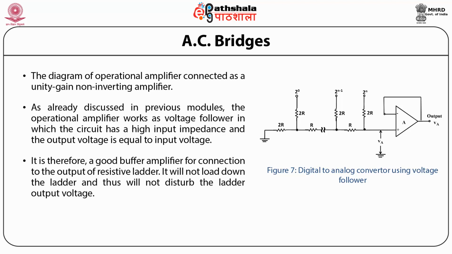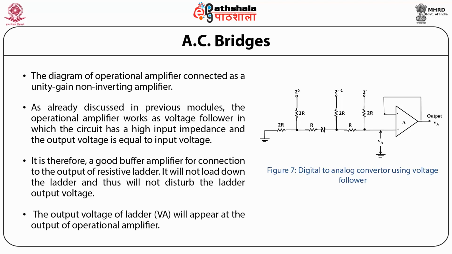It is therefore a good buffer amplifier for connection to the output of a resistive ladder. It will not load down the ladder and thus will not disturb the ladder output voltage. The output voltage of the ladder VA will appear at the output of the operational amplifier.